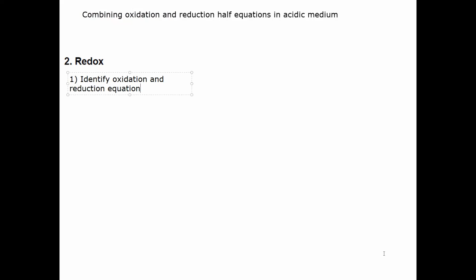That's the first thing. We'll identify which change is oxidation and which one is reduction. Then we'll separately balance them. First we start with oxygen. To balance oxygen, we will add water, H2O.